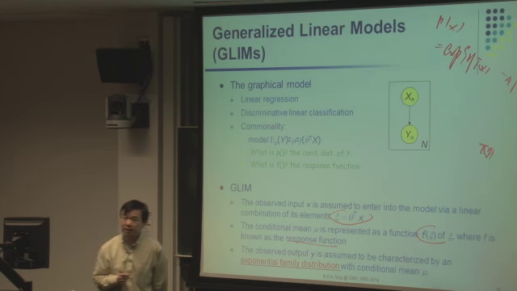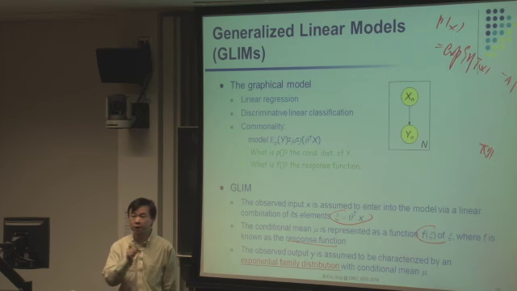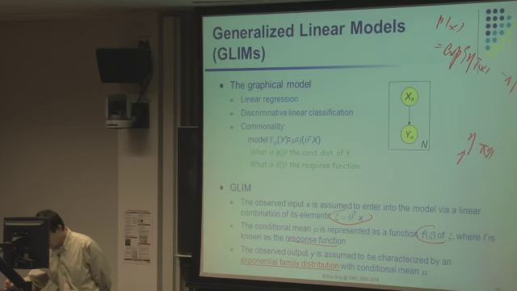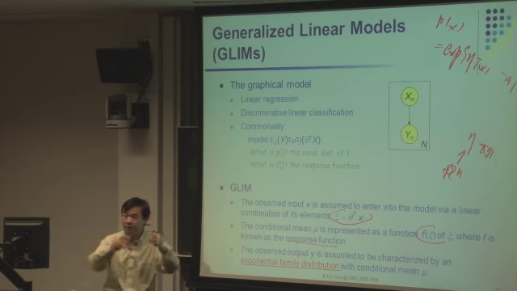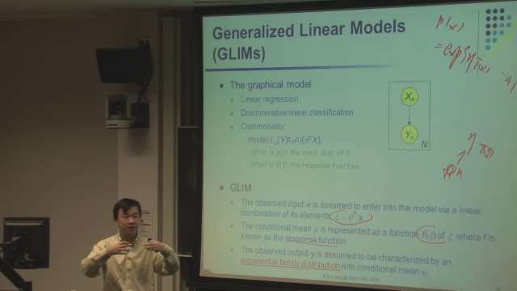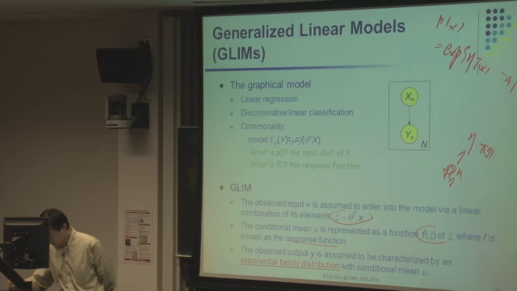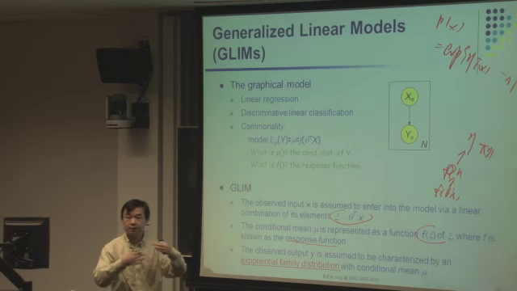And the only way that x can enter this distribution is to influence the way eta is defined. So we have eta here, and the eta comes from mu. Remember, mu and eta have this one-to-one correspondence: the mean parameter and the natural parameter. And then mu is coming from f of theta x. That's the rationale behind this design.